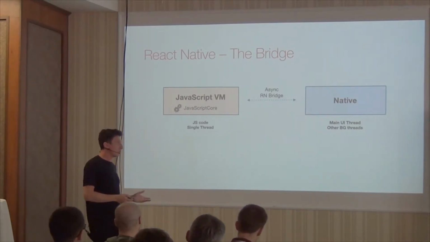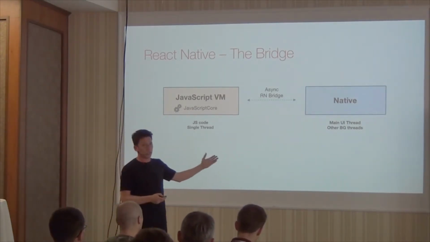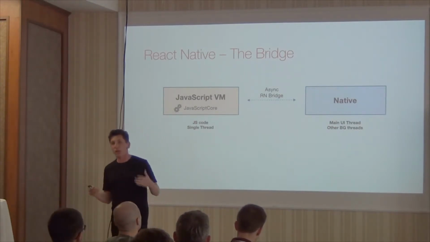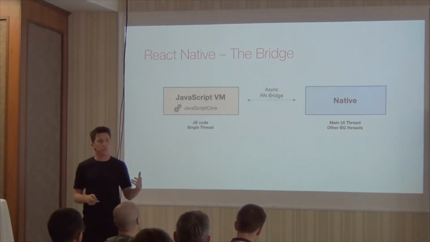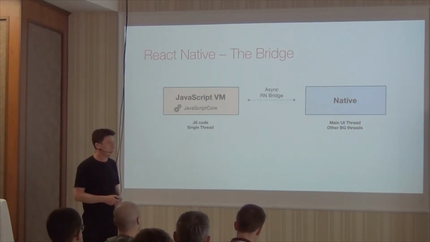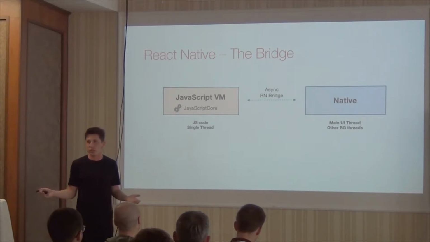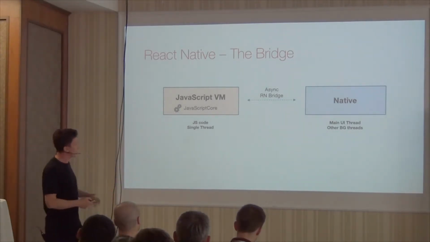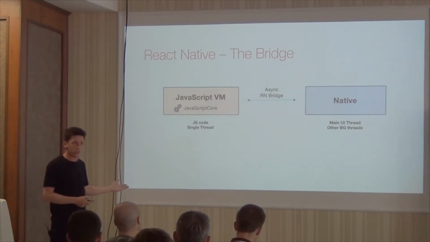It's important to notice that in native, we have the main thread, which is responsible for rendering our UI on the screen and for processing user interaction. And we can create any other background threads as is possible in native. JavaScript is a single-threaded framework, so it's executed in a single thread.